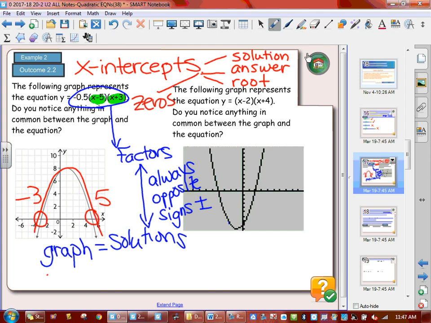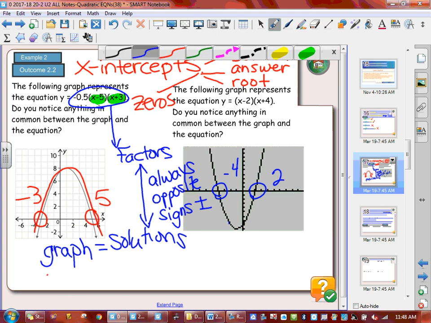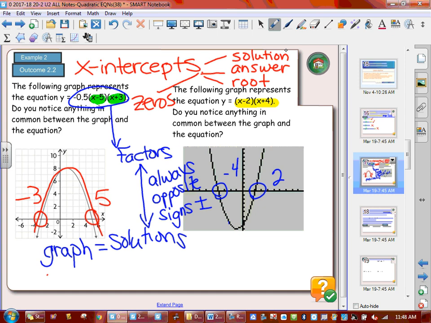So on the right-hand side here, we'll see this graph touches -4, and it touches +2. And what do we notice is in the brackets here? The exact opposite. Okay? So it touches +2 and -2 is in the bracket. Touches -4, +4 is in the bracket. Okay? So same thing, they are opposites always. Alrighty. I'll give you a minute to write that down.